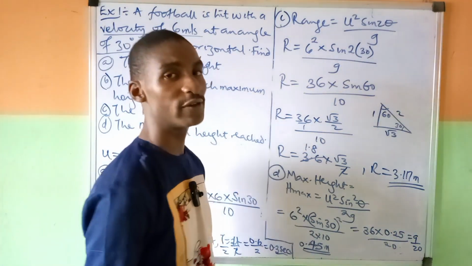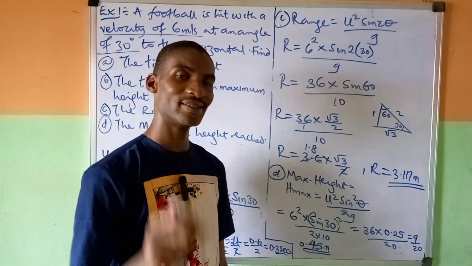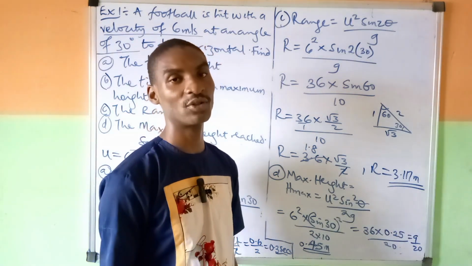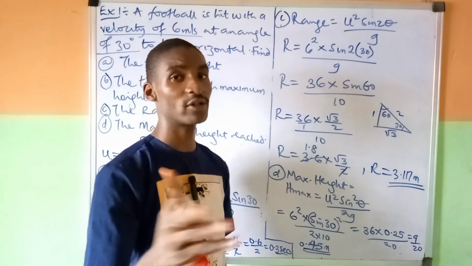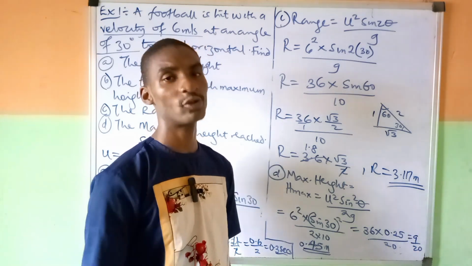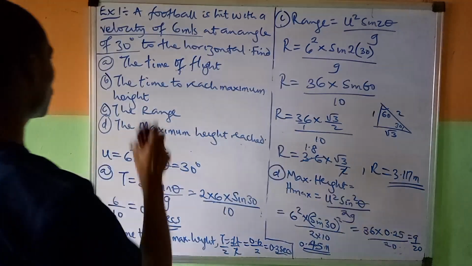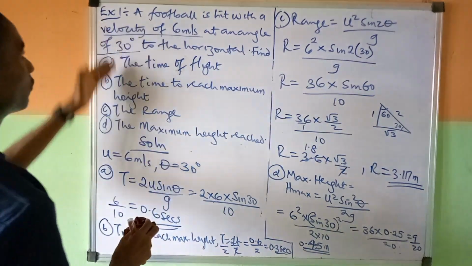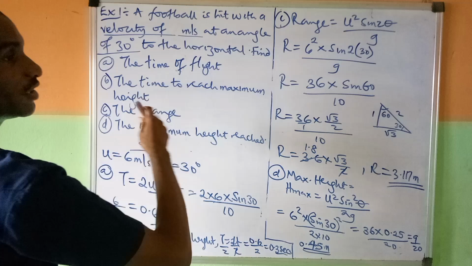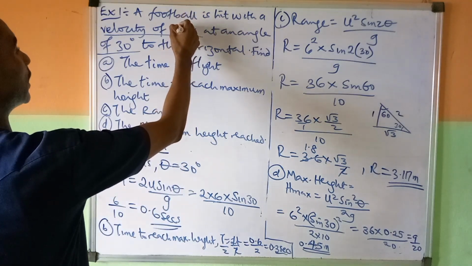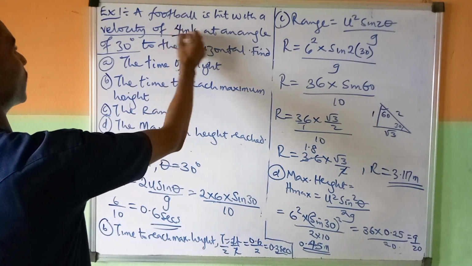Now I'm going to give you an exercise. I want you to go to the comment section and drop your answers there to show that you really understood this and you are ready for this topic in your exams. You are going to calculate all of this, but now the initial velocity is 4 meters per second.